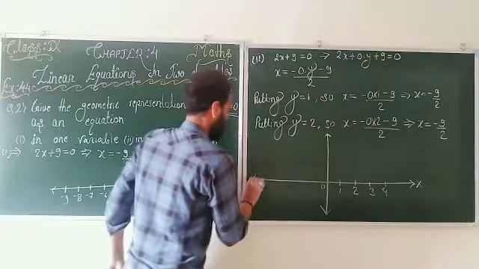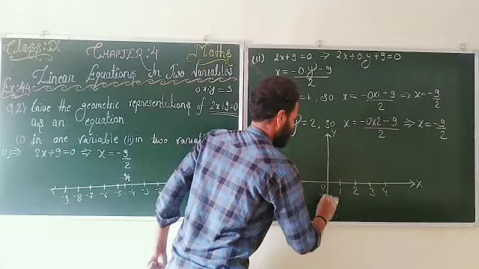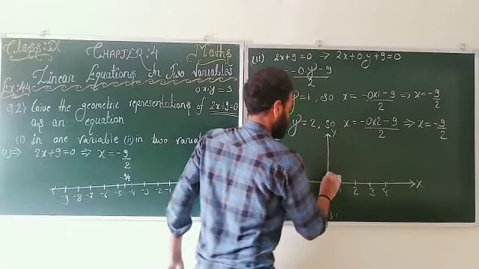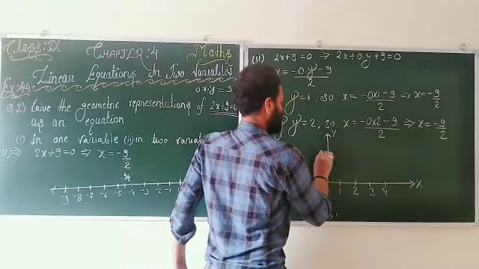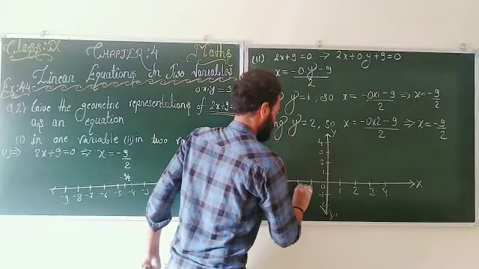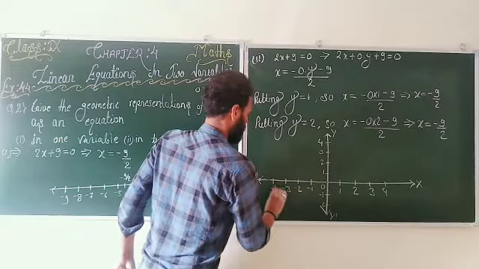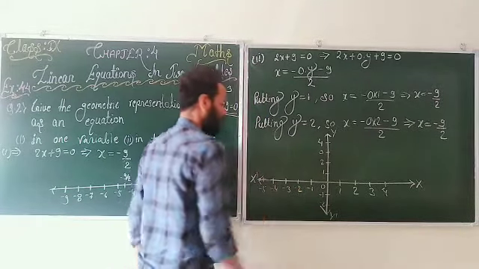That is x dash and y dash, with 1, 2, 3, 4, negative 1, negative 2, negative 3, negative 4 and negative 5.